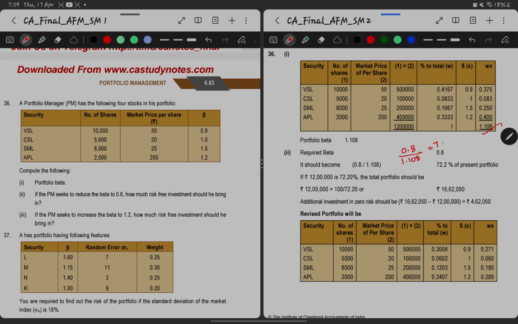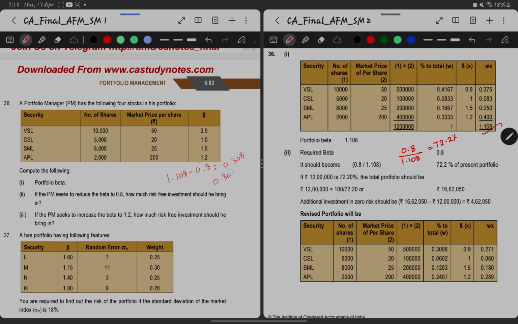So it contributes almost around 72.2%. This much portion has to be reduced. Actually here also one issue is there, because they have told beta to 0.8, but ideally it should be the differential portion, right? 1.108 minus 0.8, so only this much has to be reduced.